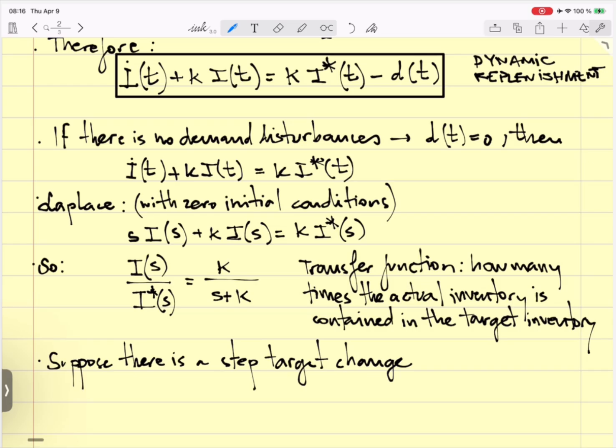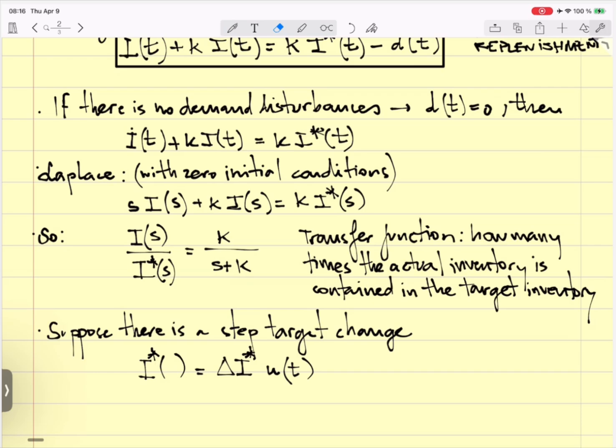Imagine that our target changes by some delta, some step, with a step function.